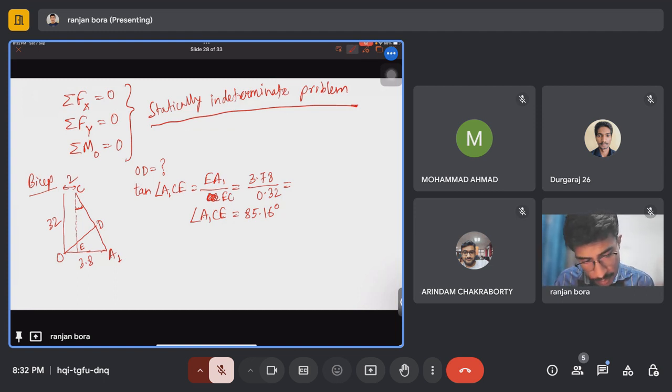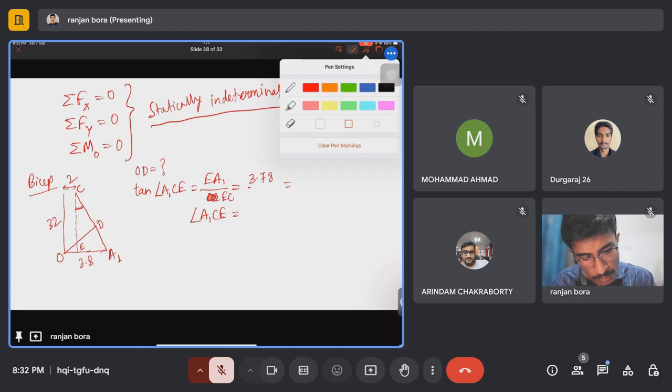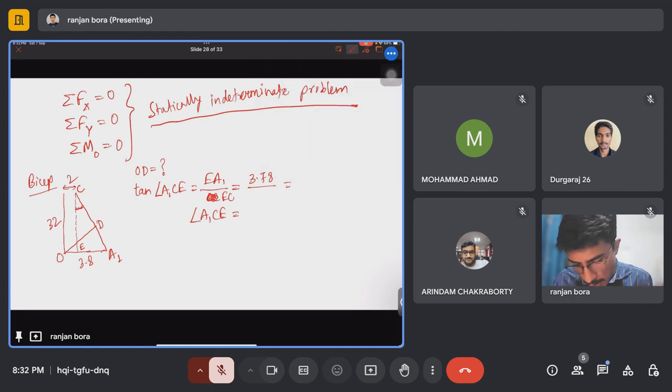So 3.78 divided by 32. If you calculate this, it will come as 6.7 degrees, this angle.